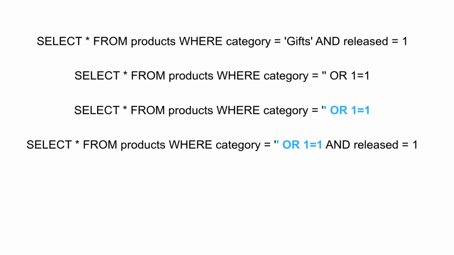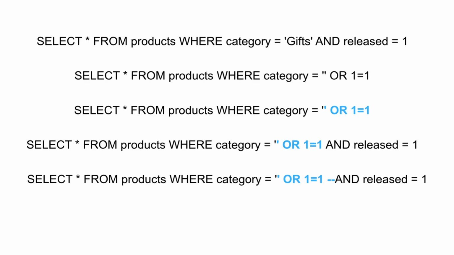To get rid of it, we can comment it out. In SQL, a comment starts with 2 dashes, so we need to add this symbol to our payload. Therefore, the payload that we will place in the category parameter in the URL in Burp will look like this: single quote, space, OR, space, 1=1, space, 2 dashes. If you don't understand the logic behind it, I highly recommend getting familiar with the basics of SQL.